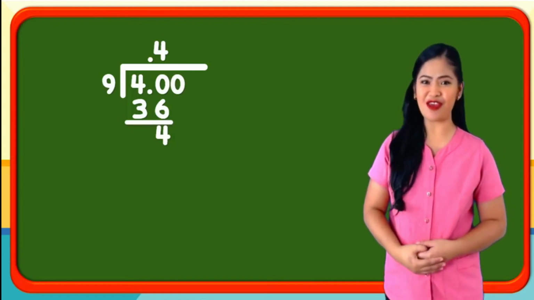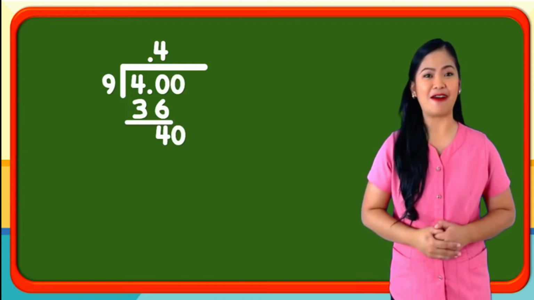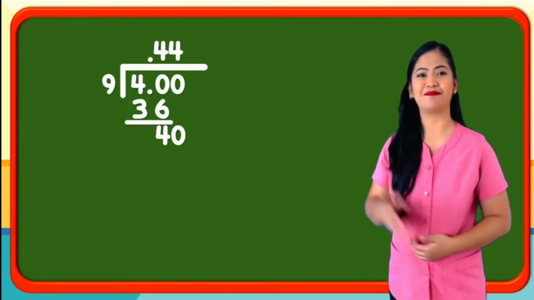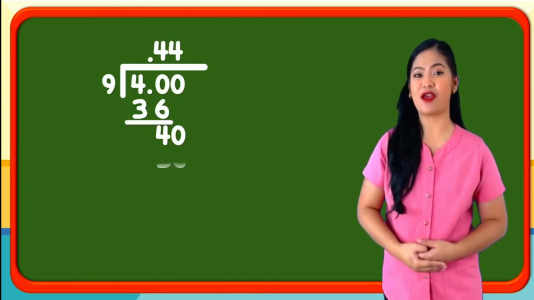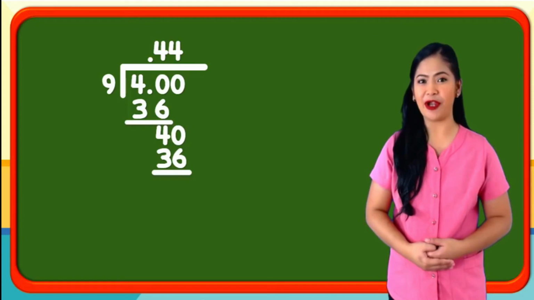Annex or write another 0, then bring down. So now we have 40. 40 divided by 9 is 4. 4 times 9 is 36. 40 minus 36 is 4.